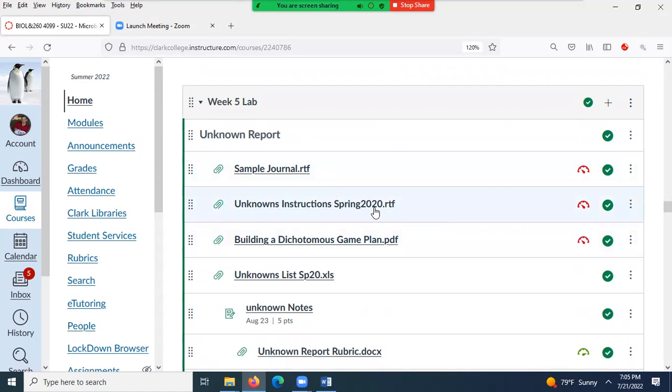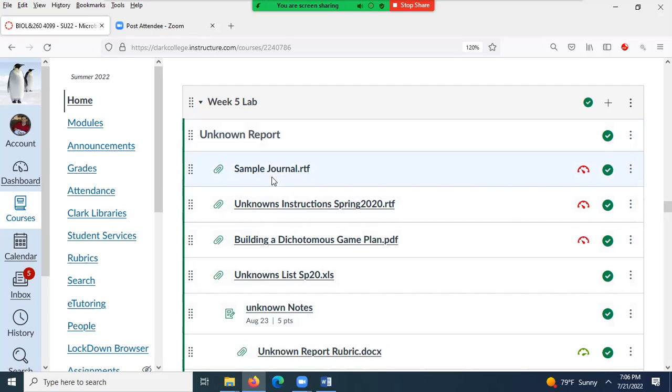So please read this. I will discuss it, but it'll be good if you have some understanding before I begin. You do not need to read the sample journal, the building a dichotomous game plan, and the unknown notes, and your unknown report rubric, how the unknown project will be graded. But you should look at the unknown instructions, and I'll be discussing each of these, mainly this one.